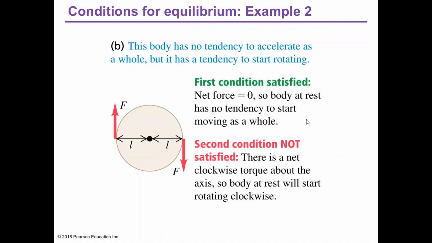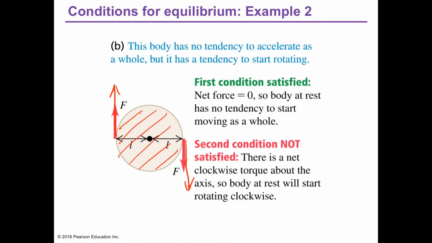Let me give you a couple of examples where the two conditions are applied to a rigid body in order for us to determine if this object is in equilibrium or not. For example, what's shown here is a disc, and there are two forces that apply to it on the two opposite rims.